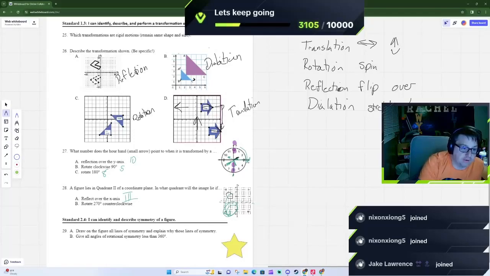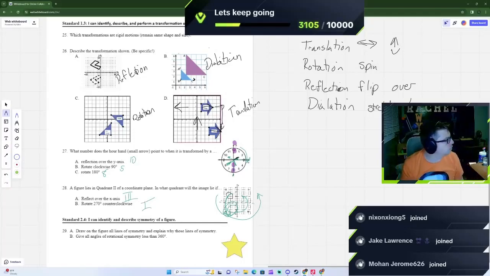Rotate 270 degrees counterclockwise. So we're going to rotate this way. And if we do that, here's 90, here's 180, here's 270. So it's going to be up in quadrant 1. All right, so draw our figure.